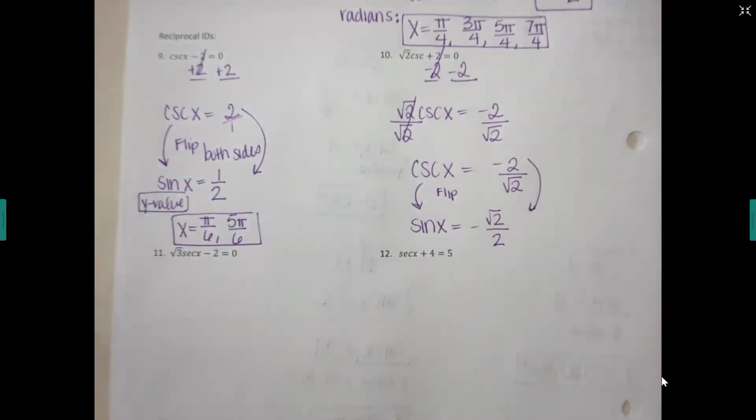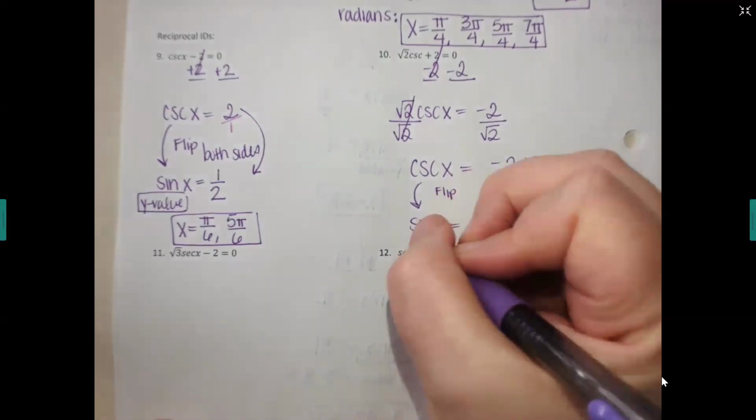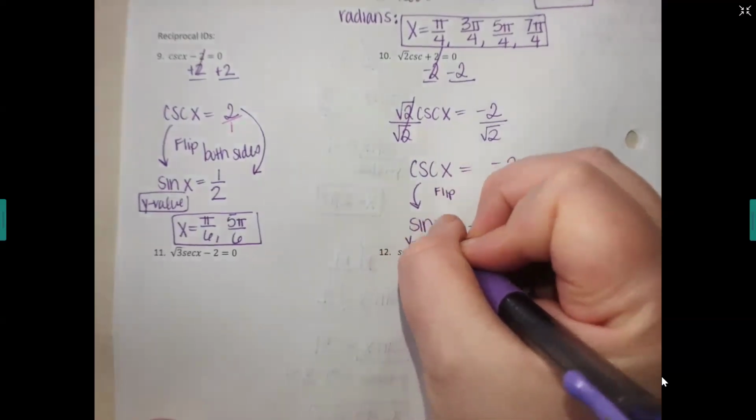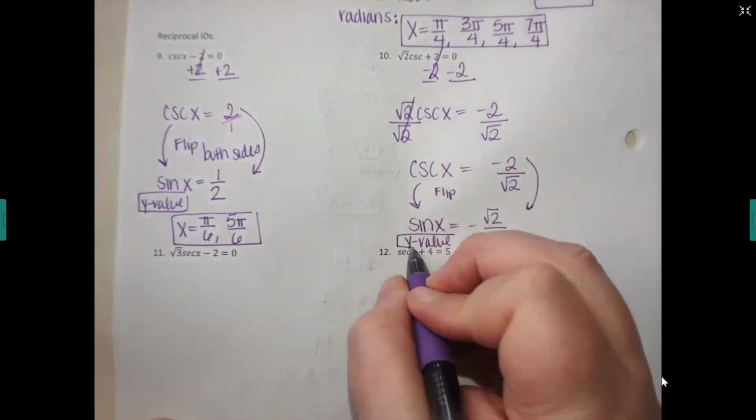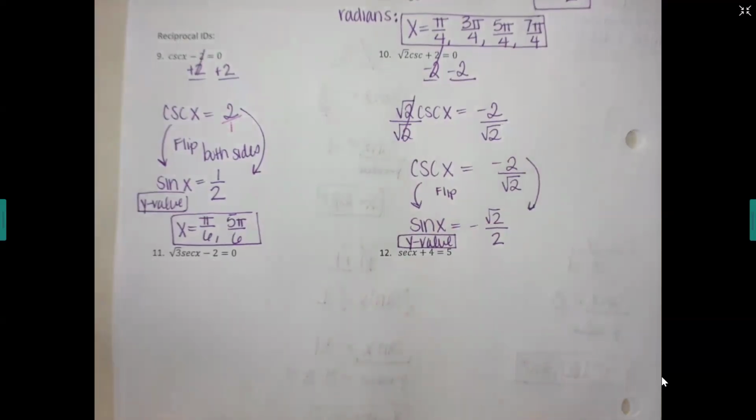So I'm looking for sine to be -√2 over 2. Should I consider the top or the bottom half of the circle for a negative y value? Very good. Okay, so find those two spots, where we're doing radians again, where your y value is -√2 over 2.